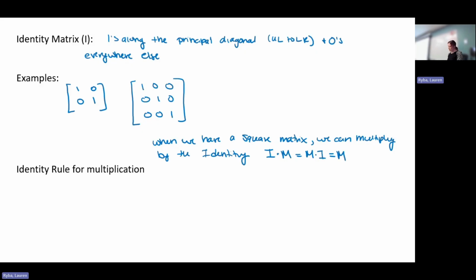So I'll write an example out here for you. I take 1, 0, 0, 1 and multiply it by the matrix 2, negative 3, 5, 7.